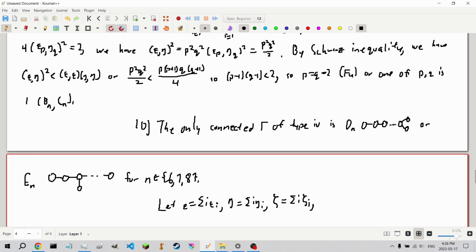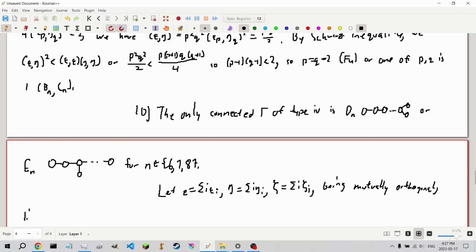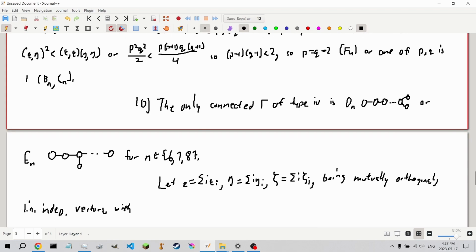As before, these are mutually orthogonal, linearly independent vectors, with the branching node c not in their span.